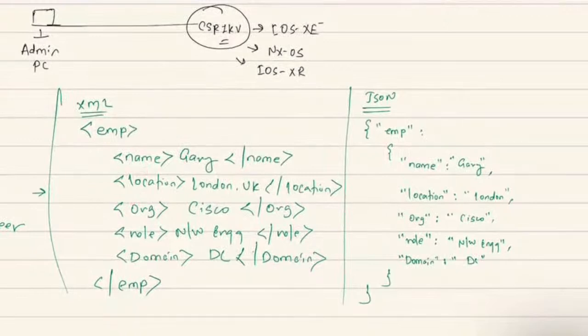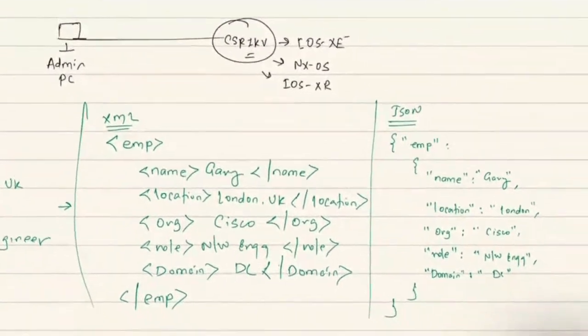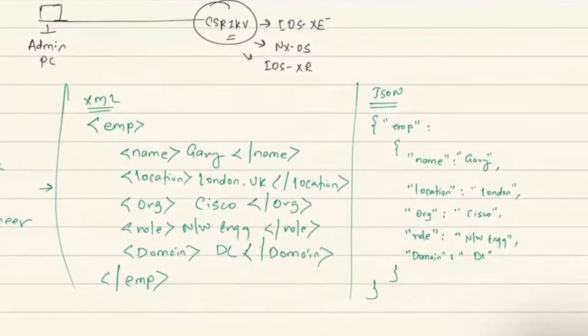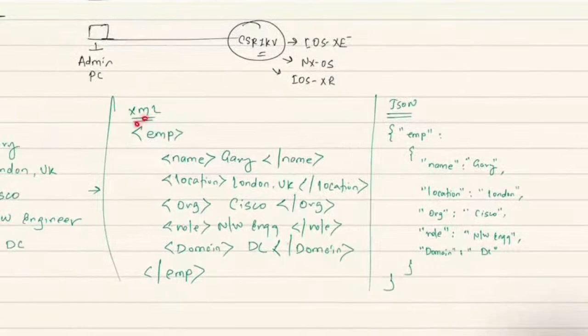The PCs were able to process the data faster, and the humans were able to read data faster. That's why XML was started to be replaced by JSON in more of the applications that were being used.